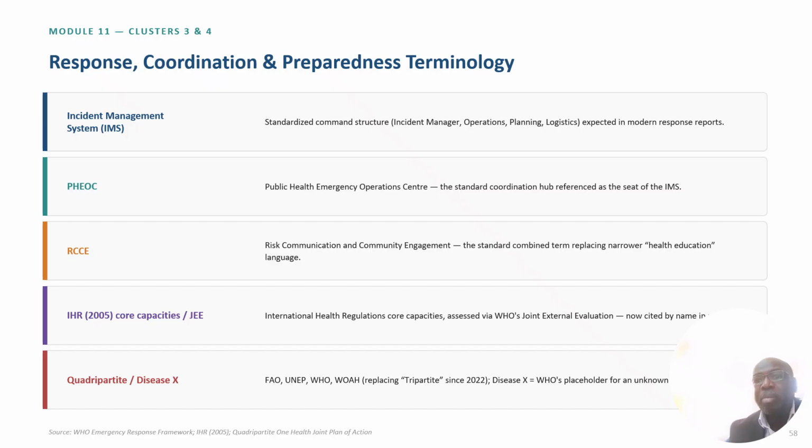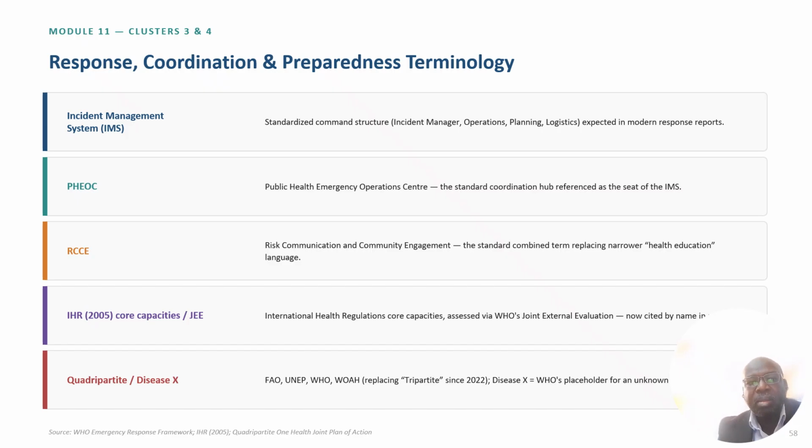Sometimes WHO can support outbreaks in countries, even though it's not a pandemic, if I seek their support or WHO finds that this country is not competent enough to contain an outbreak. Still, WHO could provide technical support.